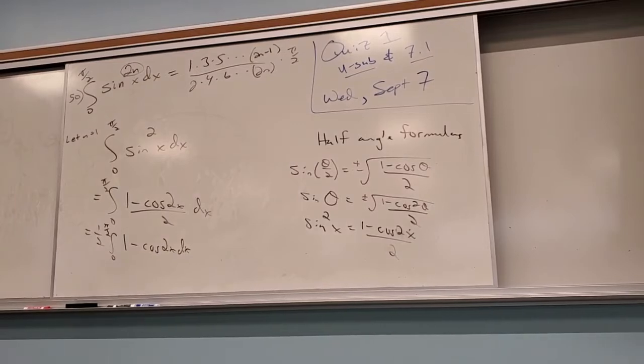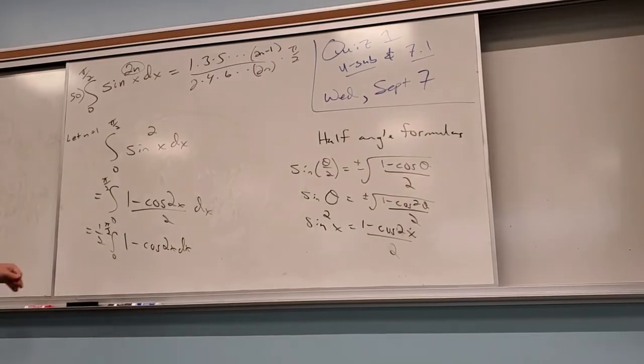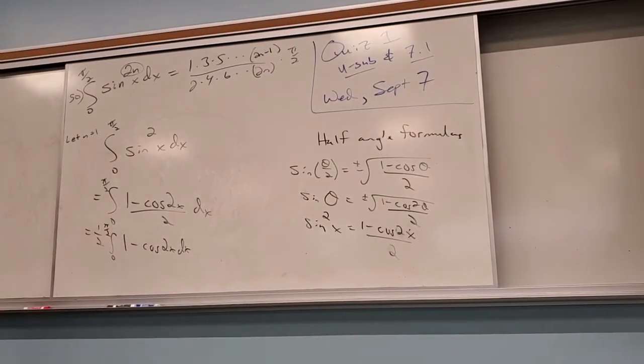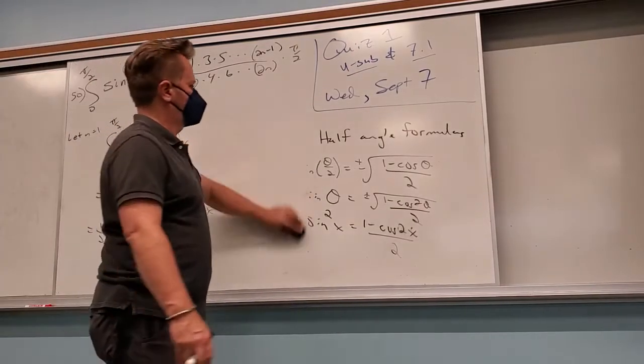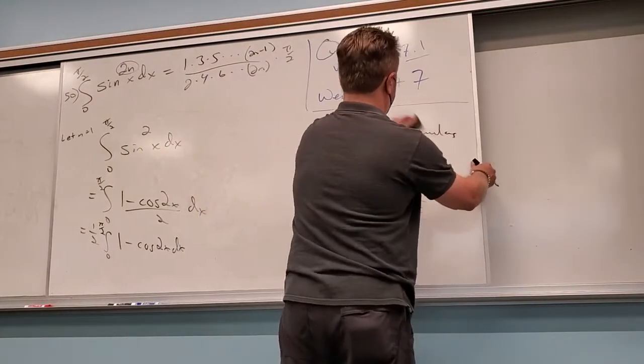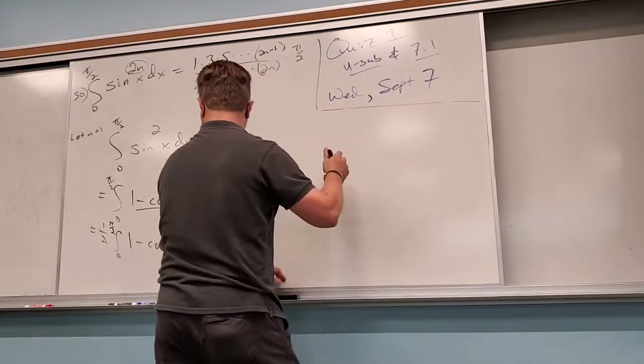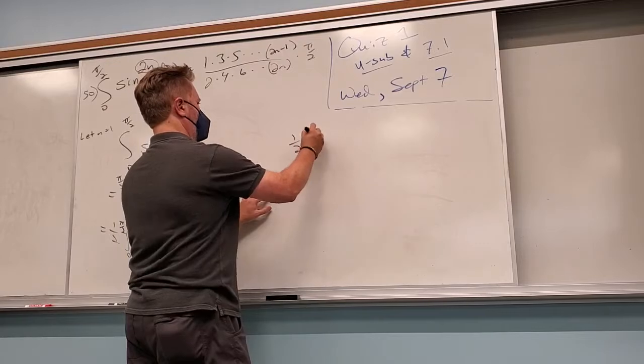So cosine 2x. The 1 becomes x, and then it's minus... you have to change the word.